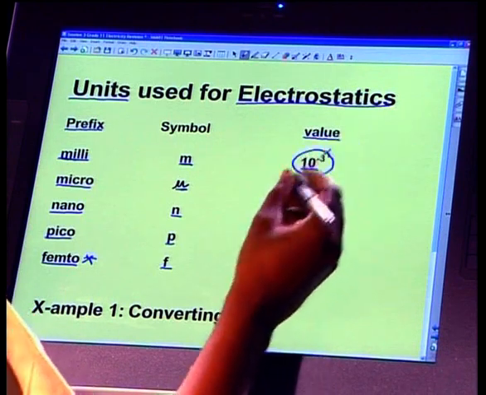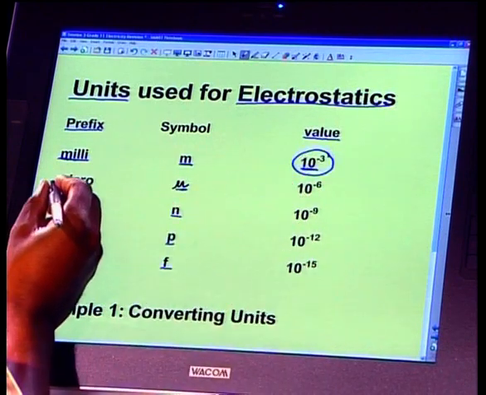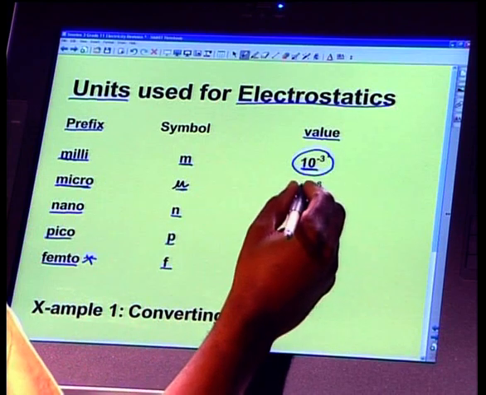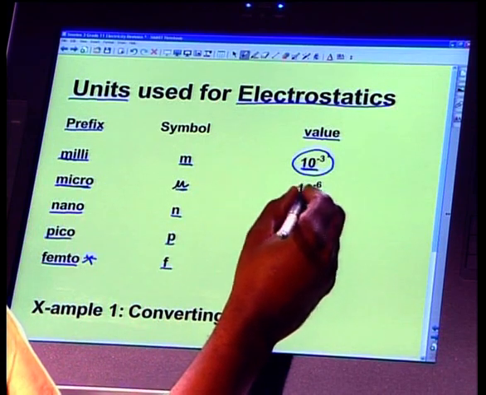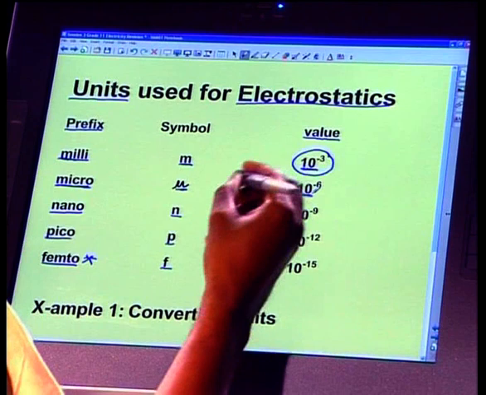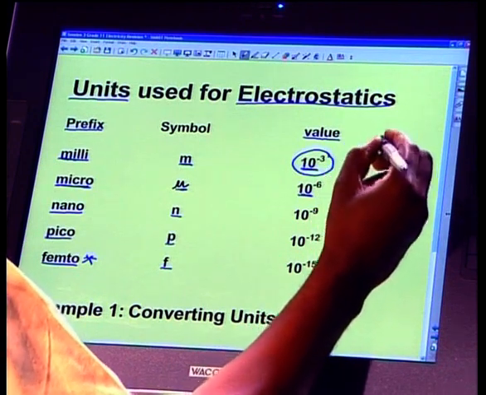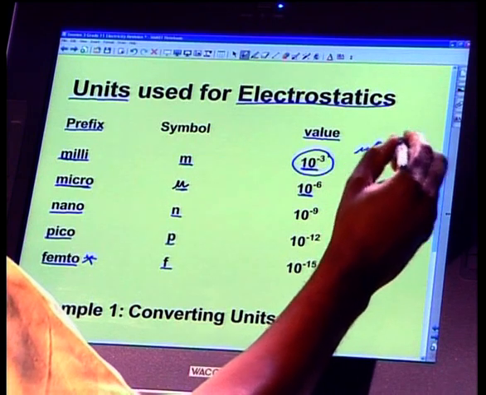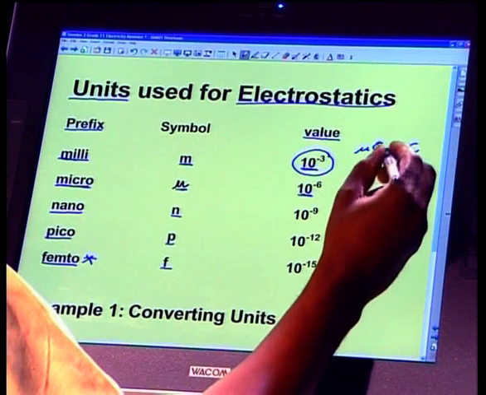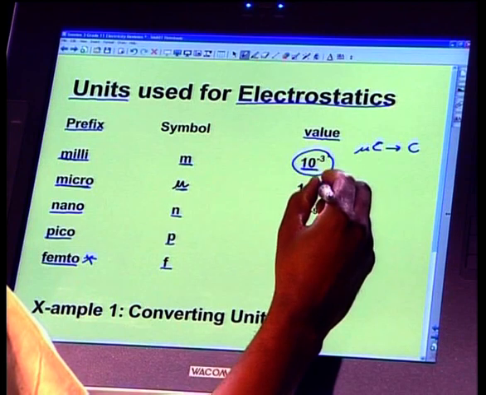In the same way, when we talk micro, the factor or the value of that is 10 to the power minus 6. So if something is given to you as microcoulombs, to move on to coulombs, it means you will have to multiply by this factor here.